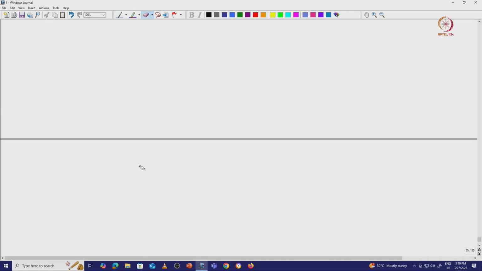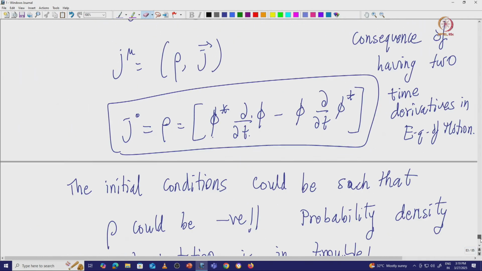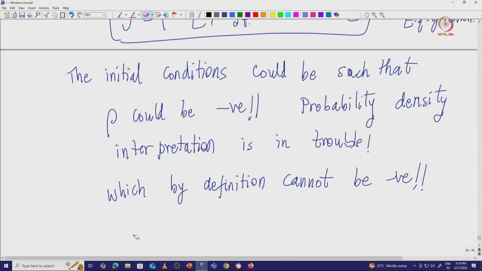Now the current is fine. Essentially, I'll just write down the current also. The current J bar is equal to phi star del phi minus phi del phi star.